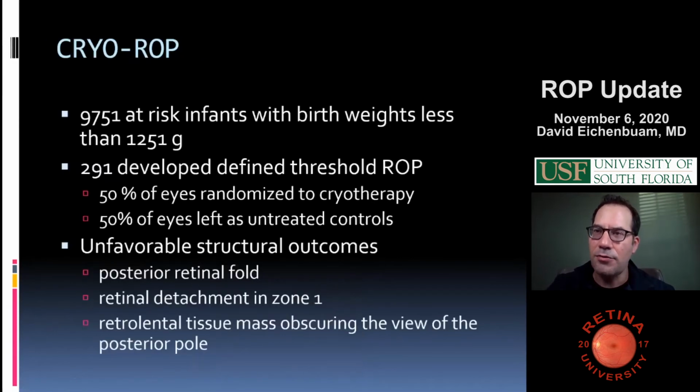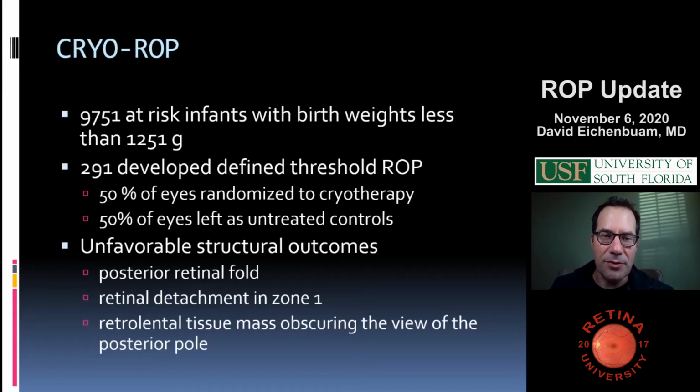Okay, the Cryotherapy study was the first randomized controlled trial in retinopathy of prematurity. It looked at almost 10,000 infants who were small with birth weights less than 1,251 grams. And it defined threshold ROP, which we'll get into. This is ancient history now, from over 2 generations ago, and half the eyes were treated with cryotherapy to ablate or cryofreeze the avascular retina, the anterior retina, and half were left as untreated controls.